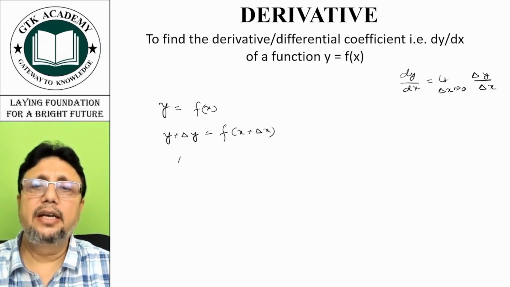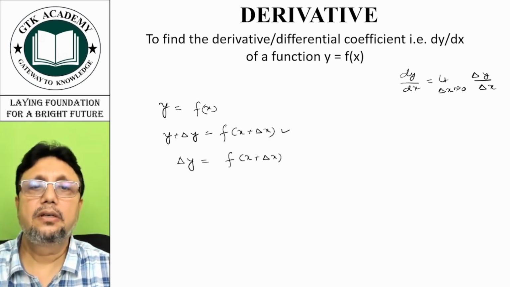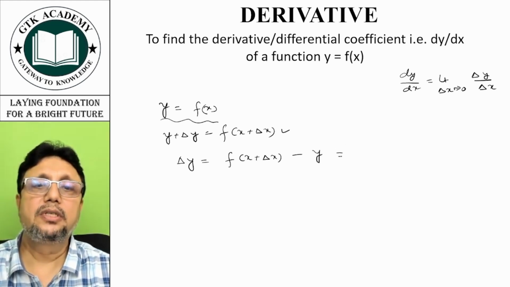Now, delta y is equal to, from this, f(x plus delta x) minus y, and y is equal to f(x). So this is f(x plus delta x) minus f(x).